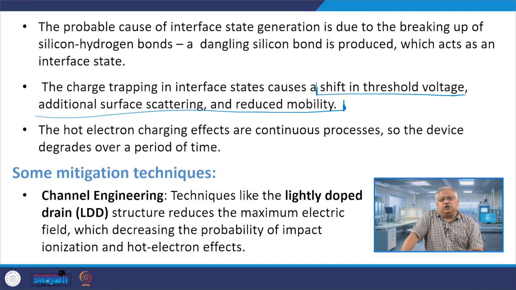So, this is one of the techniques by which you can reduce the formation of electron hole pairs to a larger extent. This technique is known as the channel engineering technique, where you dope with a very lightly doped drain and let the depletion thickness go higher and higher. As you make it higher and higher, the electric field reduces, and therefore you have less impact ionization and hot carrier effect.